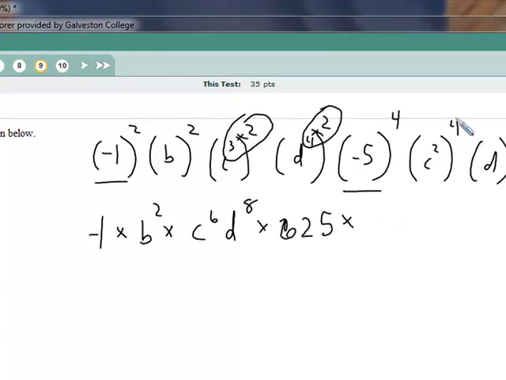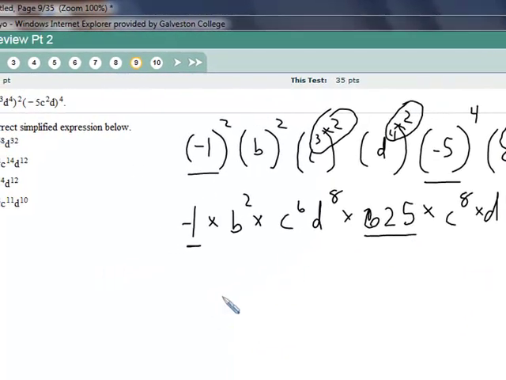625 times, once again, just multiply those exponents. We get c to the 8th. That would just be times d to the 4th. See, all of this is multiplication. Well, now we do negative 1 times 625. That's negative 625. We only have one b, so we're just going to put that down.